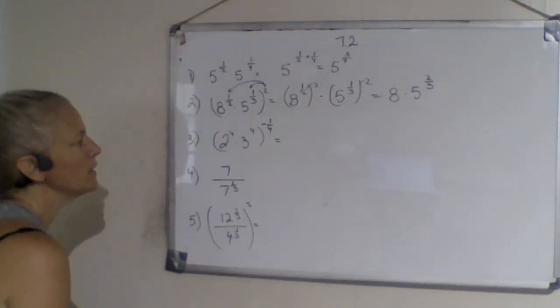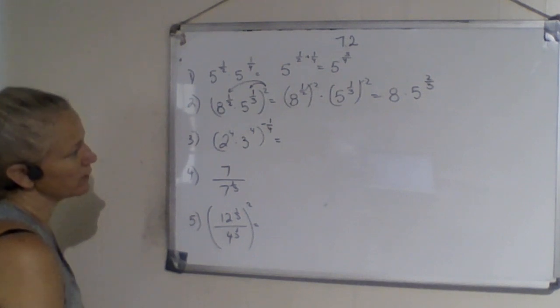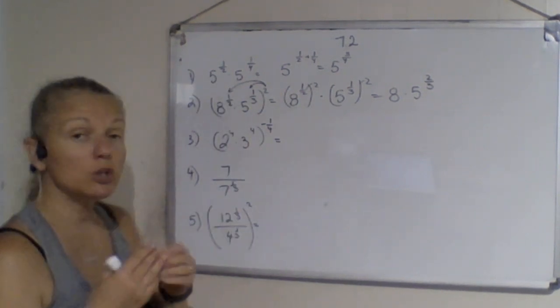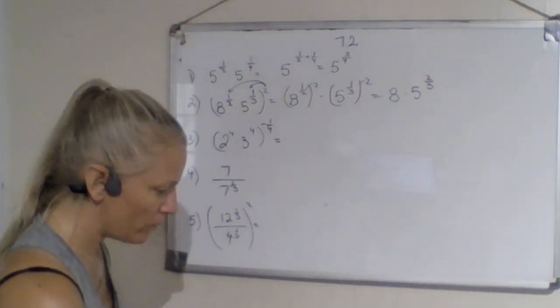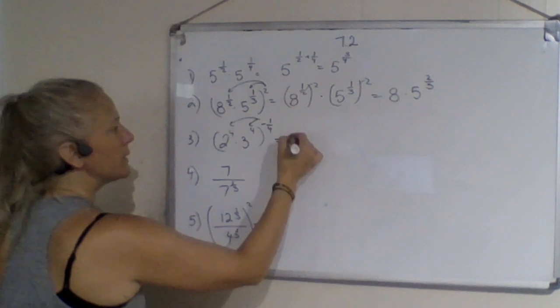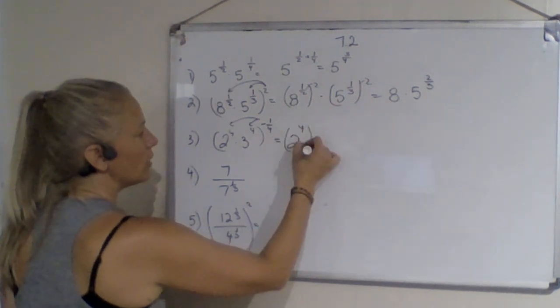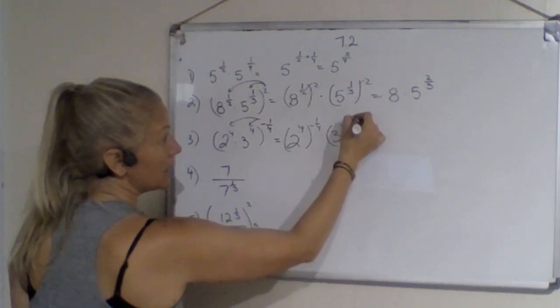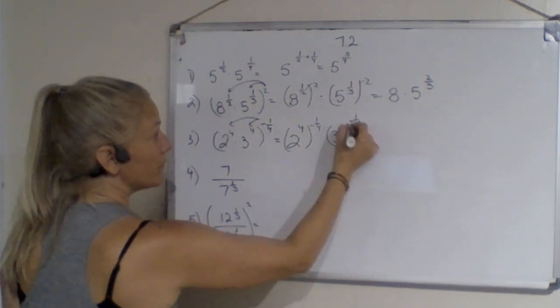Example number 3. What if I have 2 to the 4th times 3 to the 4th and all of it to the negative 1/4 power? There's 2 ways to do this. The book does it one way. I'm going to do it the other way, okay? I'm going to go ahead and distribute this. This becomes 2 to the 4th, all of it to the negative 1/4, times 3 to the 4th, all of it to the negative 1/4. They get multiplied, right?